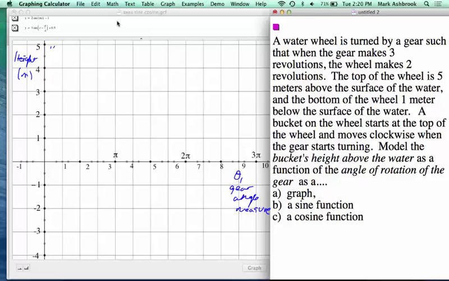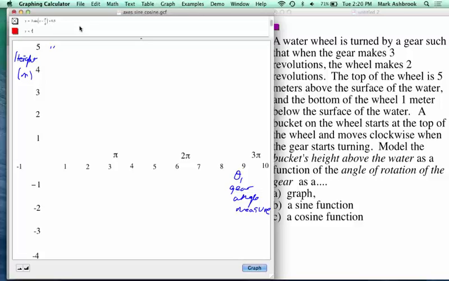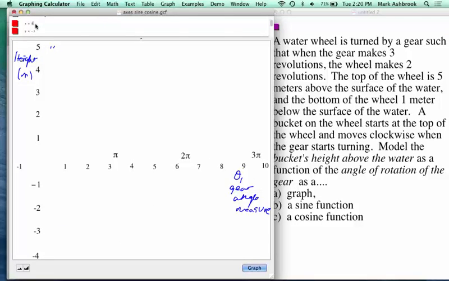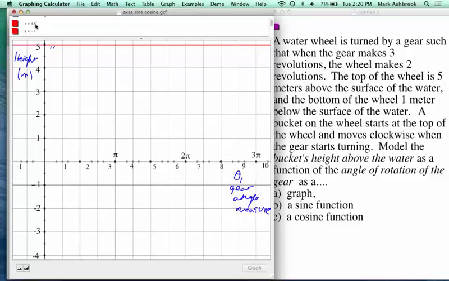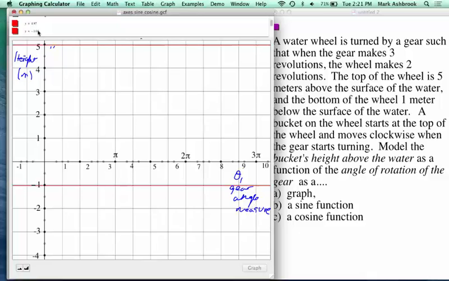Now we just need to have the period, then we can do it. Okay, so hopefully we got the max and the min.